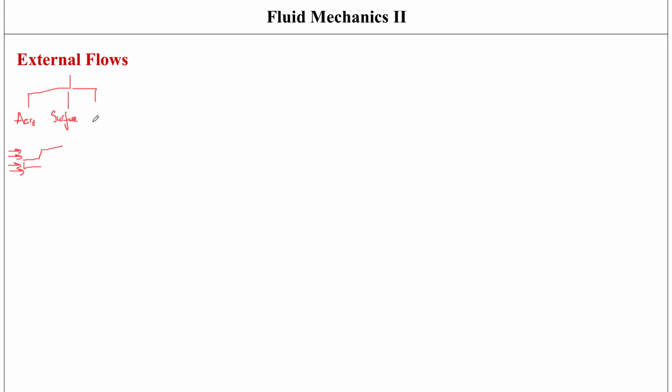Then the analysis becomes a bit more complex because now you're talking about flow across these ships by not just air but also water as well. So now the object is surrounded by two fluids, right? Or it could be surrounded by just one fluid, which would be water if you're talking about submerged vessels.